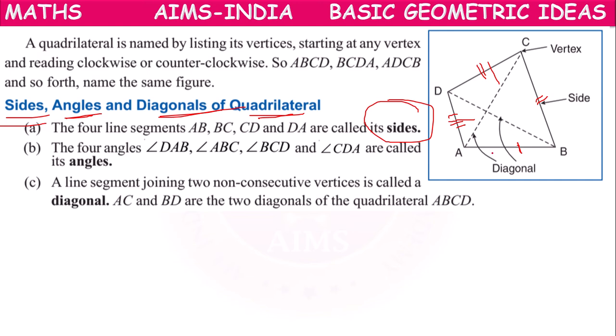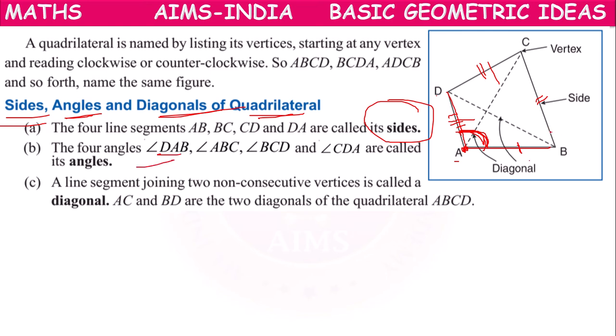Next, this side AB and side AD meet at one point. At that point, one angle is formed. If two line segments join at one common endpoint, an angle is formed at the common endpoint. So this is the angle DAB.